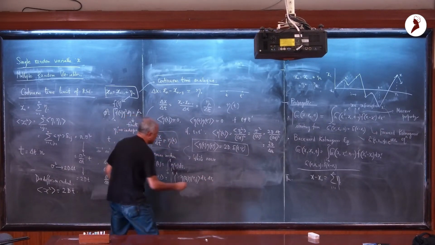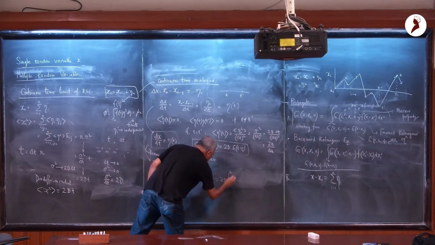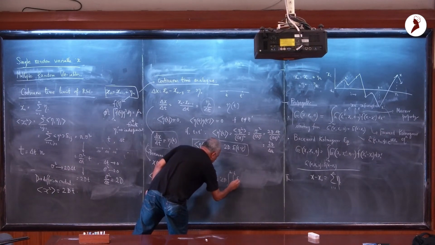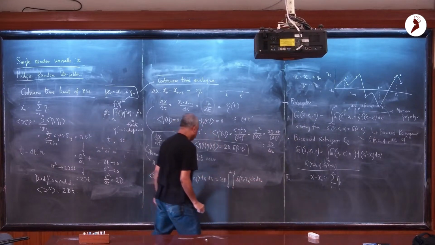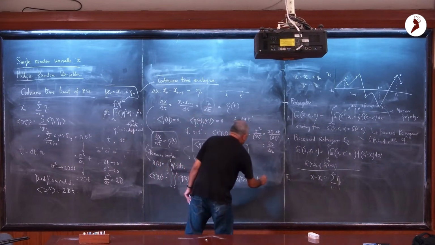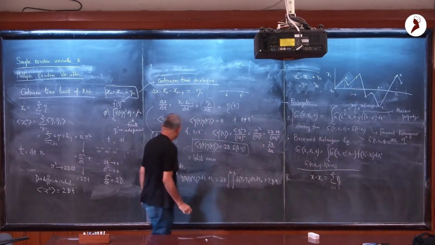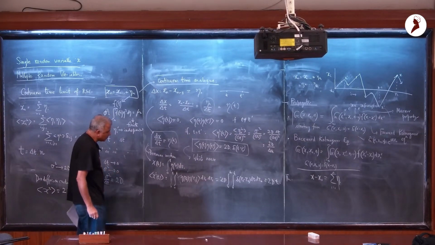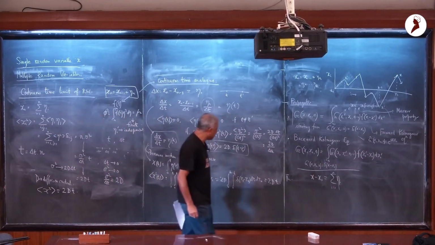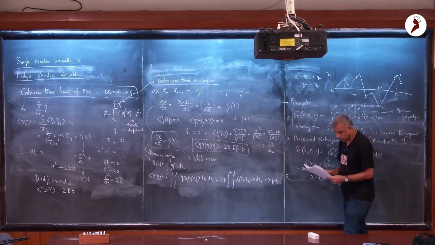You use this property here, and you get 2d times... And this, you can check that this will be exactly 2dt. And if you take at different times x t prime, that will be 2d times the minimum of t and t prime, which is the standard property of a Wiener process.